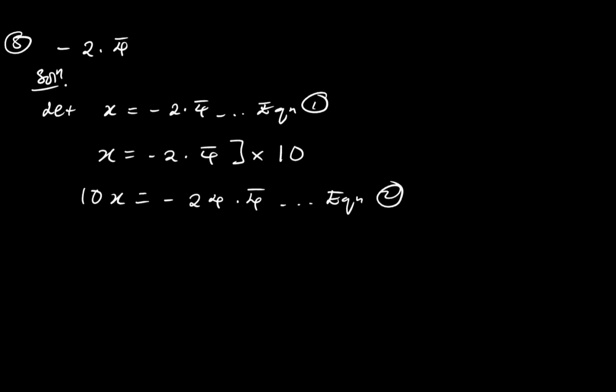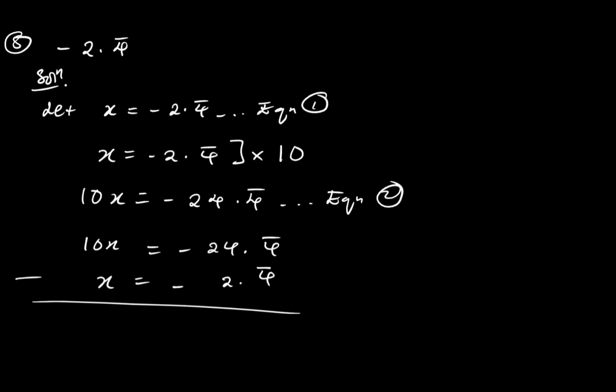Then subtracting this, you will get 10x being equal to minus 24.4 bar, then x being equal to minus 2.4 bar. Now be mindful that we are subtracting. So when I say minus, minus, minus, it means we have a plus here. So it will still apply the concept that we're trying to push in.